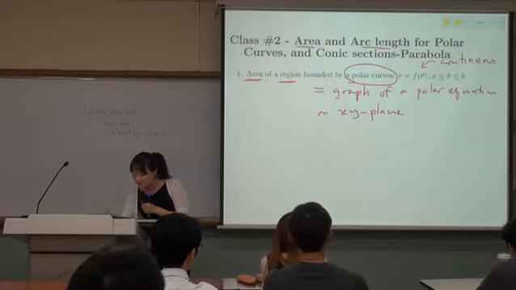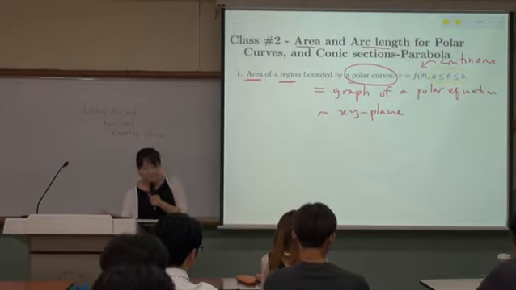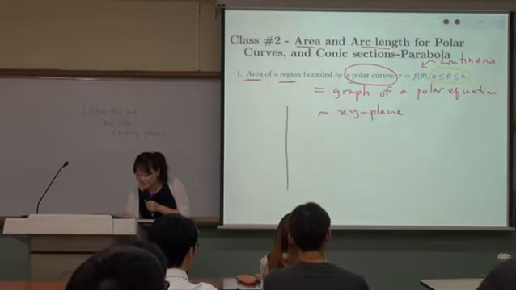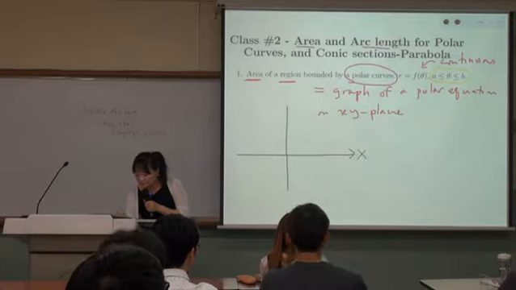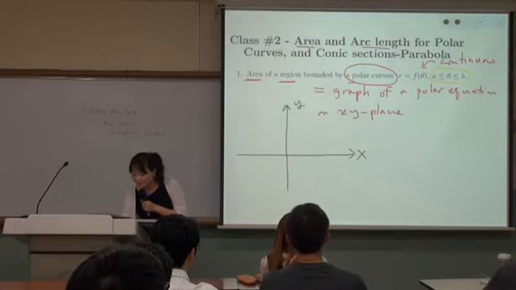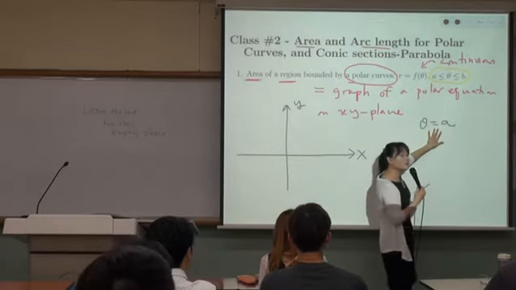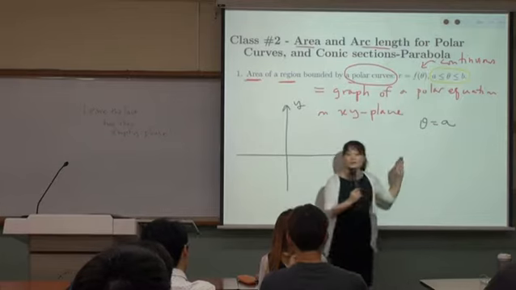So here theta is from A to B, right? So we have an XY plane. And what is theta equal to A? Last time, what was the graph of theta equal to A?